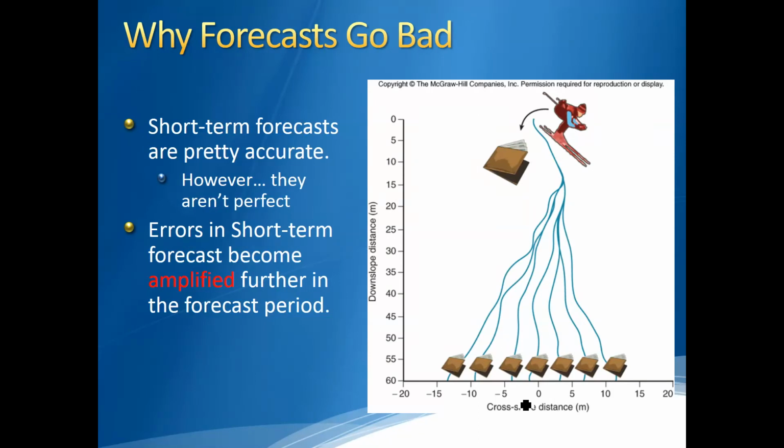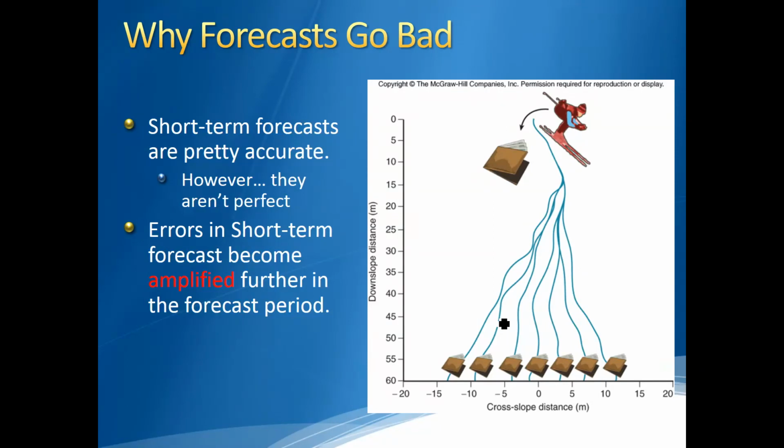And what happens is the difference between my forecast and what actually happens is what's called error. And a slight error in a forecast can greatly create larger errors further out. And so short-term errors become amplified the further out you go into the forecasting period.